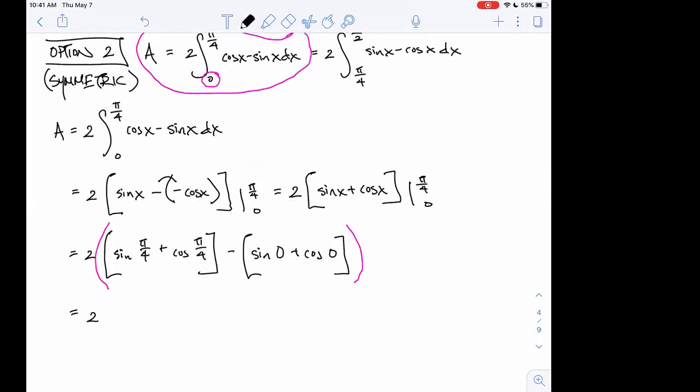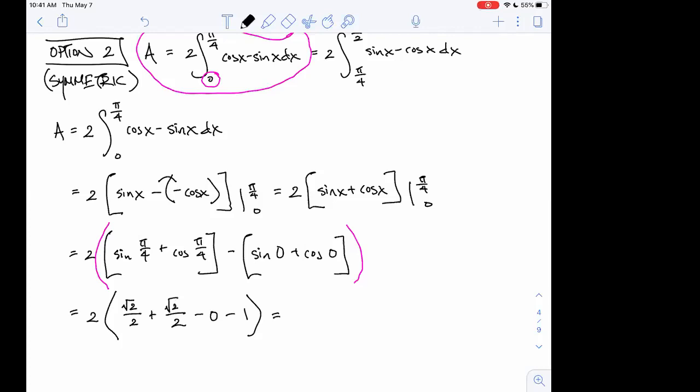All right, time for those trig values. So I get sine of pi over 4 plus cosine of pi over 4 minus sine of 0 is 0, and then I have to distribute that minus sign, so minus cosine of 0 is 1.